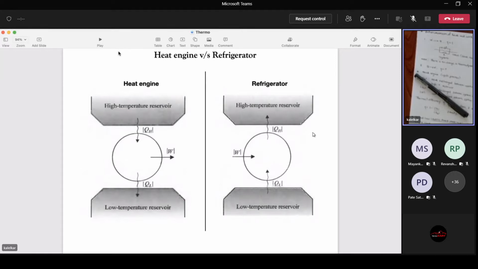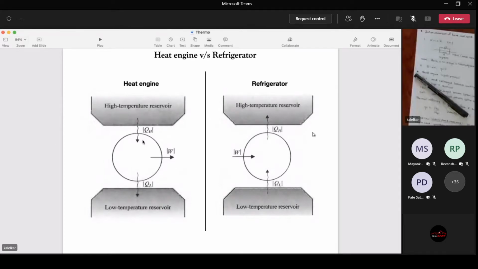The atmosphere. And what is the working substance? The substance that is going to, in other words, what is your system? Your system is, in this case, steam, because steam is going to be doing all the transfer of energy or exchange of energy or heat. So this is the basic schematic of any heat engine.